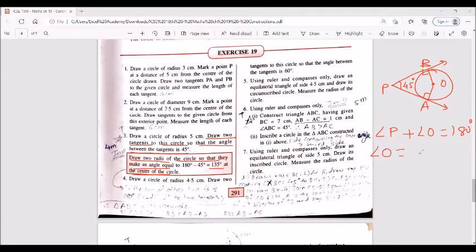So angle O has to be 180 degrees minus angle P, but angle P is 45. It has to be 45, which is given. So 180 minus 45 makes angle AOB, or angle O, as 135 degrees. This is what you have to remember. समजतंय सगळ्यांना इथपर्यंत? 1 minute.